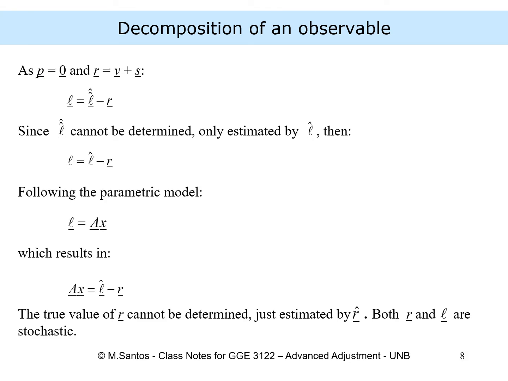Considering P equals 0 and the two components of the residual, V and S, put together, represented by R, we have the expression: the observation L equals the true value minus the residual.